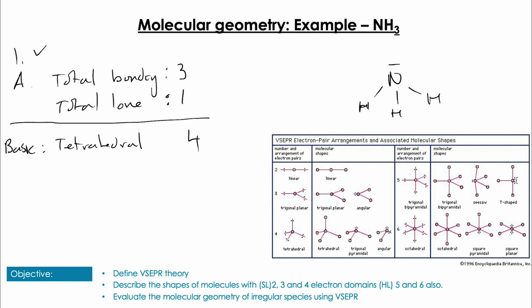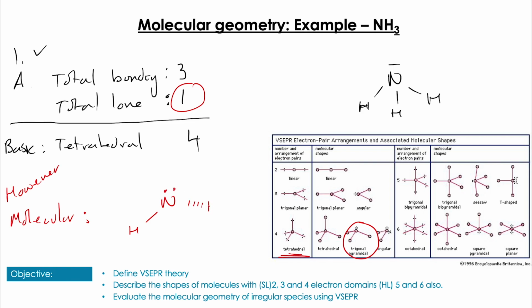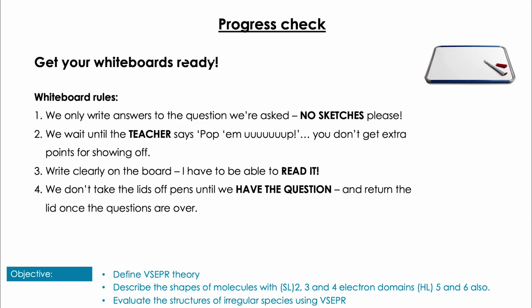Now, because we've got tetrahedral but with 1 lone pair, we look at our table and we see that 1 lone pair is going to give us a molecular geometry of trigonal pyramidal, which means we're going to take away 1 of the bonding electron domains, and that lone pair is going to repel the 3 other bonding pairs of electrons and slightly decrease the angle. So the angle we would expect in this molecule goes down by 2 degrees to 107.5. Okay, great stuff.